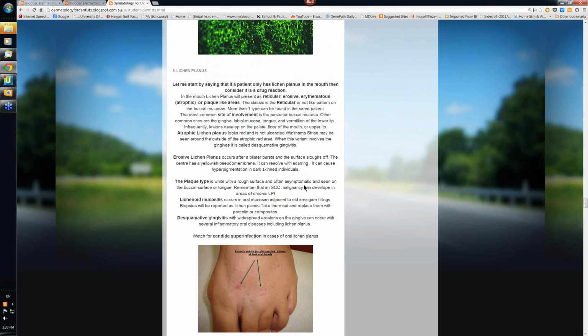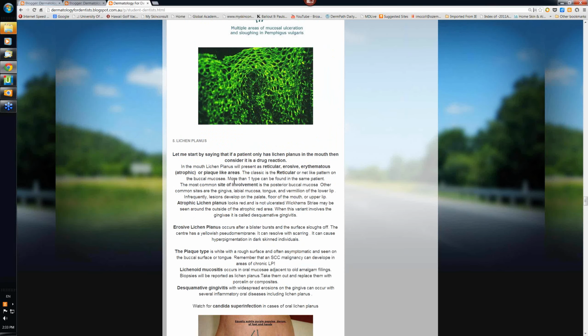You can see there's a few pictures we've got there. I just want to first of all say how can lichen planus present in the mouth? There's a few terms you've got to understand. It can present in a reticular or net-like pattern, particularly on the buccal surface. It can present as an erosion on the inside of the mouth. It can present just as a red patch, and the other name for that's an atrophic type of lichen planus.